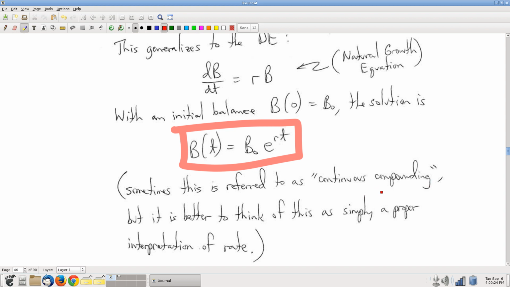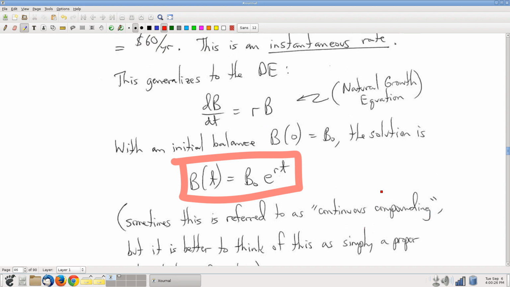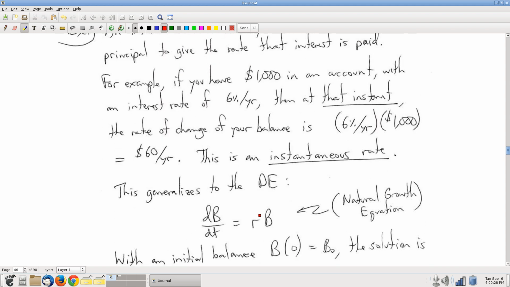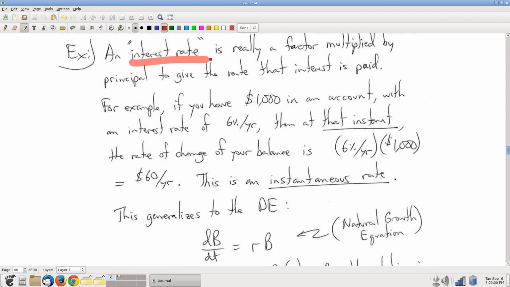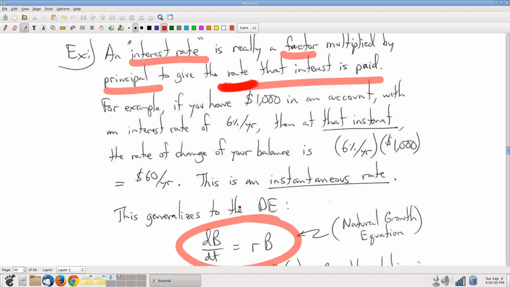But it's really more naturally understood as just thinking of interest rate as a factor that you multiply by principal to get the rate that interest is being paid, and realizing that that's just language describing a differential equation. This is really the most natural interpretation, and it just gives you a differential equation to solve, which is not that hard.